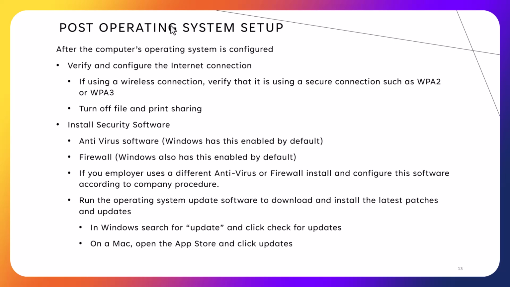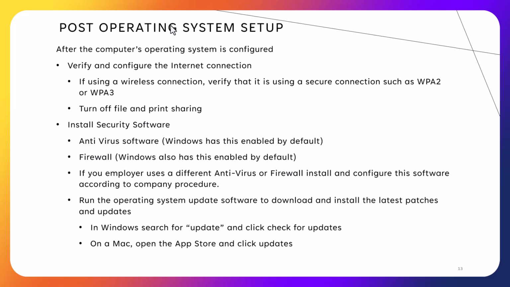Anything less than that, WPA, WEP, has been broken, and you're going to want to upgrade your wireless to something stronger. Turn off your file and print sharing. Install your security software, antivirus and firewall. By default, if you're running Windows, the Windows antivirus and Windows firewall are also turned on. If you're using a different antivirus, you may have to install that.